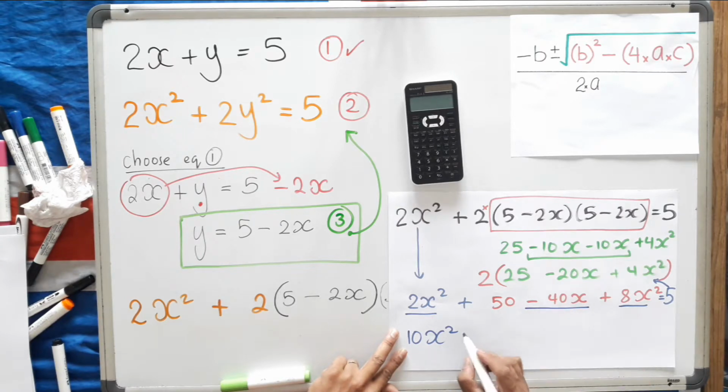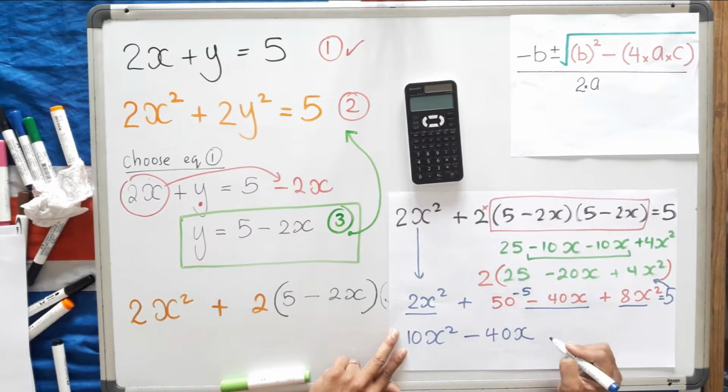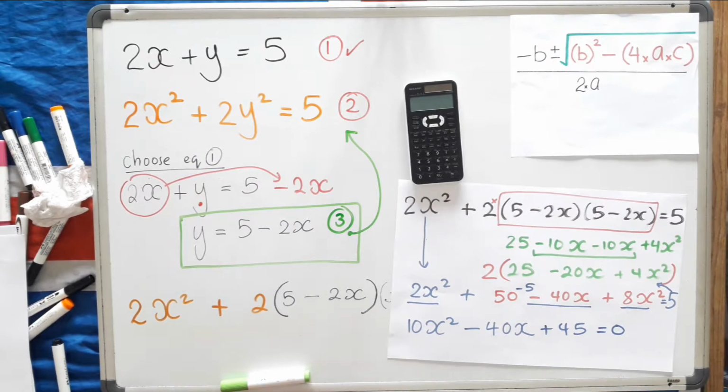Minus 40x, well, he has no friends to combine with, so minus 40x. When I throw across the positive 5, I will get minus 5. 50 minus 5 will give us positive 45. And this is equal to 0, because remember I threw across the positive 5 to get minus 5, leaving this side equal to 0.